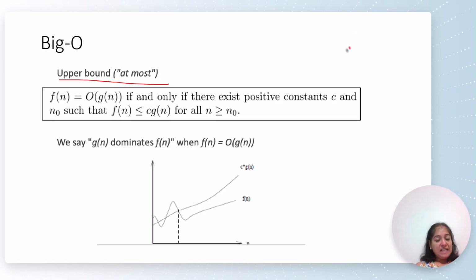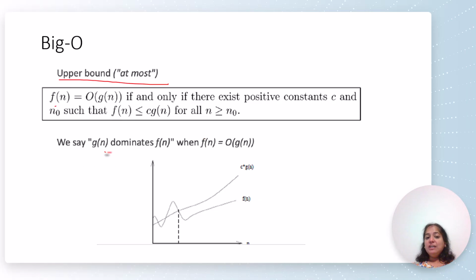In terms of definition, where f is a function of n, f(n) equals big O of g(n) if and only if there exist positive constants c and n naught such that f(n) is less than or equal to c times g(n) for all n greater than or equal to n naught. So we say that g(n) dominates f(n). That means g(n) is an upper bound of f(n).